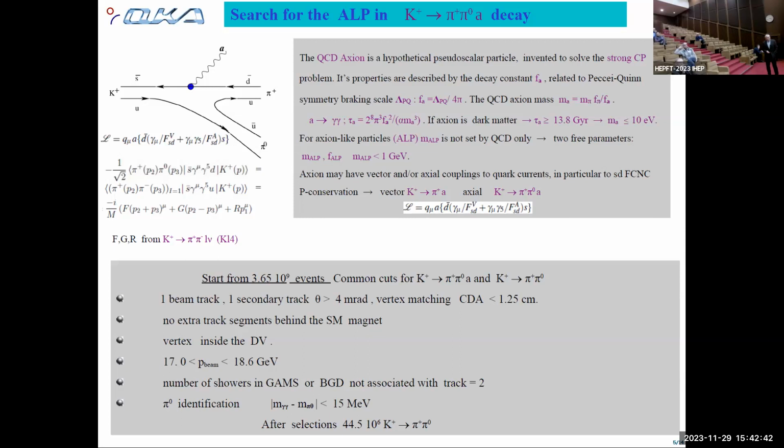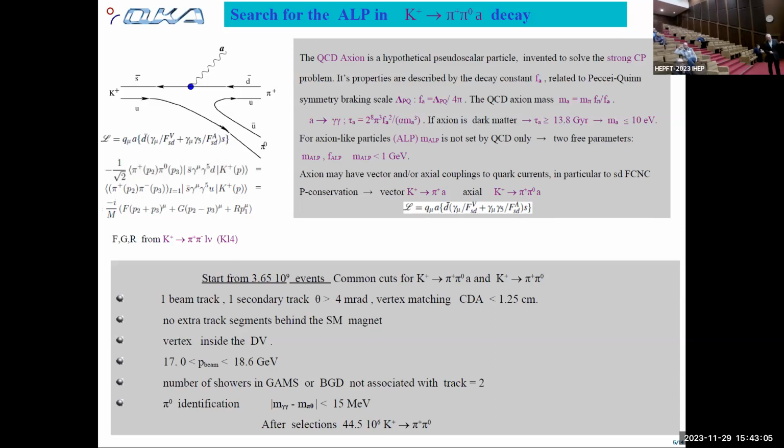So okay, I will not describe the details, but at the end we have 45 millions of K plus pi zero decay.